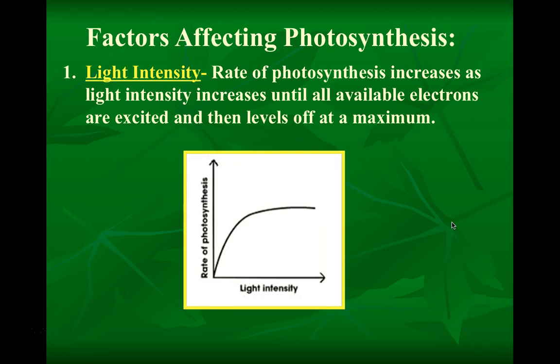Therefore, not as much oxygen will leave back into the atmosphere as a byproduct, and you'll also not get that hydrogen that gets stored in the ATP and NADPH, which will cause not enough energy to make glucose. So if there's not enough light intensity, there won't be a lot of product.